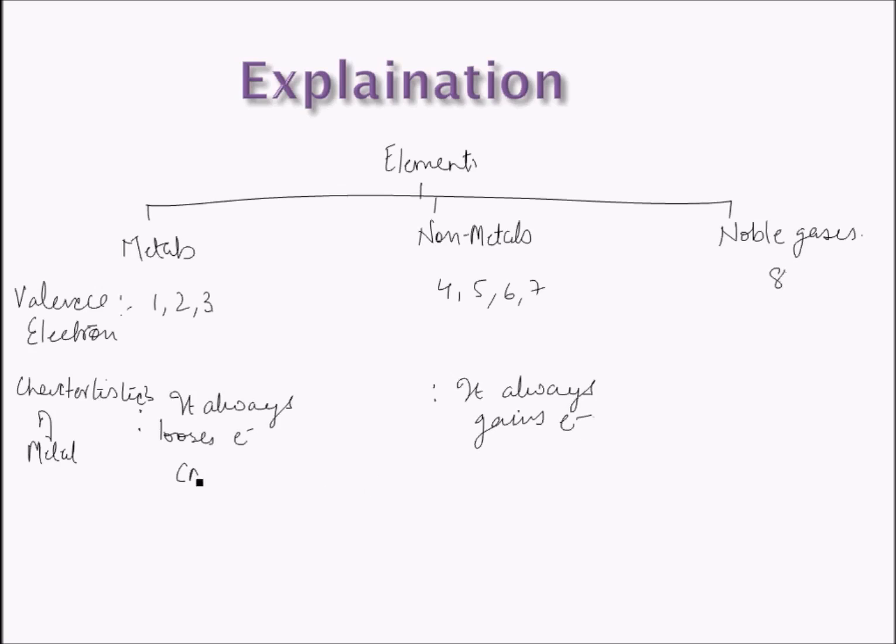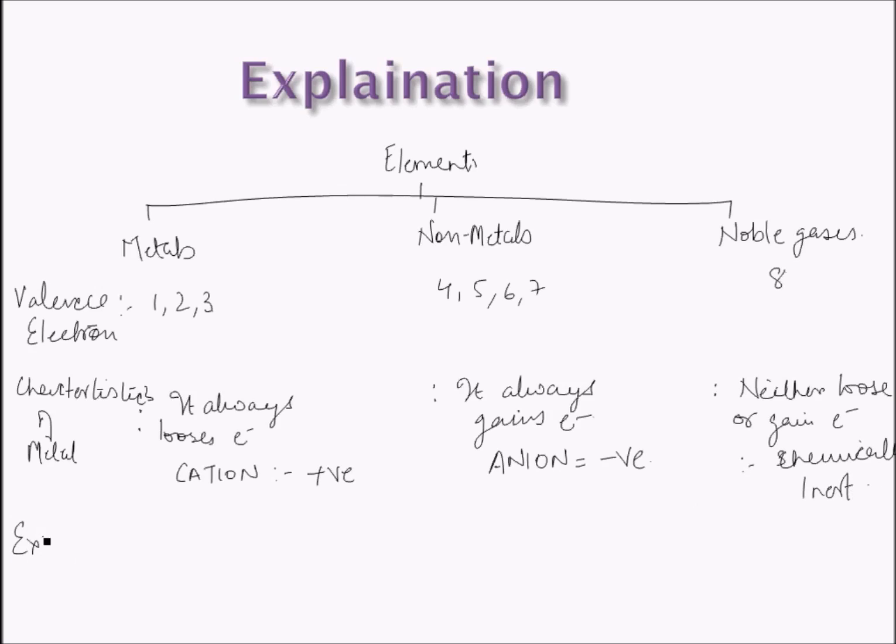So the metal ion is called a cation, and it always carries a positive charge, and the non-metal ion is called an anion. It always carries a negative charge to make the element more stable. What about the noble gases? Noble gases neither lose nor gain electrons from the outermost shell. So they are basically chemically inert.